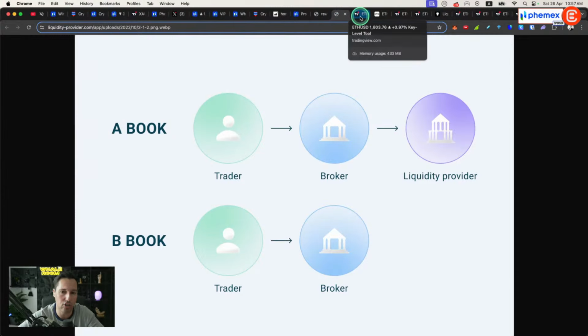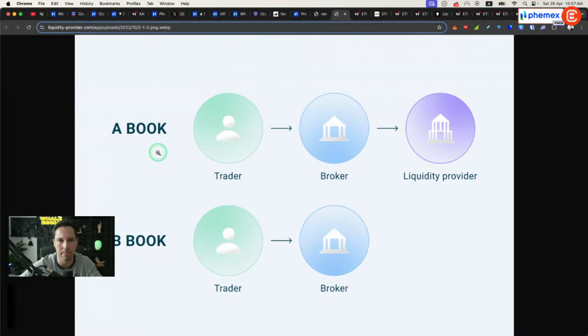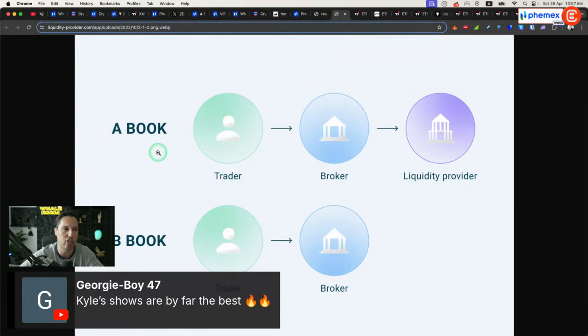Why am I taking this trade setup on Phemex? I wanted to highlight Phemex a little bit further for you guys, just to gain a bigger understanding of why whales are trading on Phemex. You get something called an A book and a B book, right? Most exchanges nowadays are B books. These are tier 2, tier 3 exchanges, and it comes with much higher risk. A book exchanges are most of the bigger exchanges, and the way that they work is you've got a trader, a broker, and then a liquidity provider.